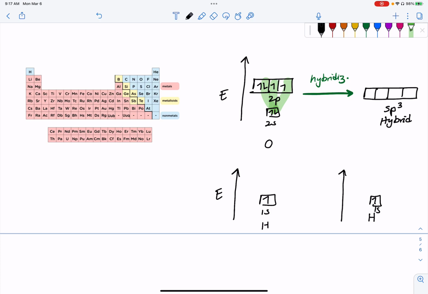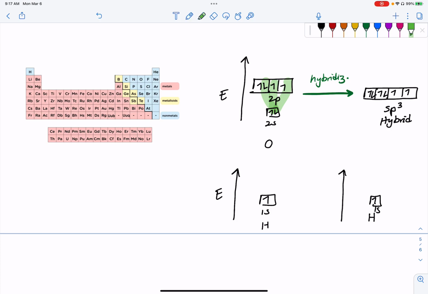If I then fill in this sp3 hybrid with all the electrons that were contained in my 2s and 2p separately, so this is 2s2, 2p4, which is 6 valence electrons, I'm going to fill 1, 2, 3, 4, 5, 6.